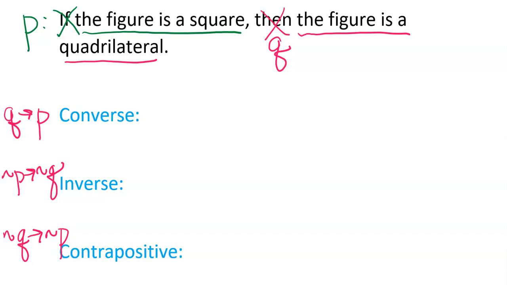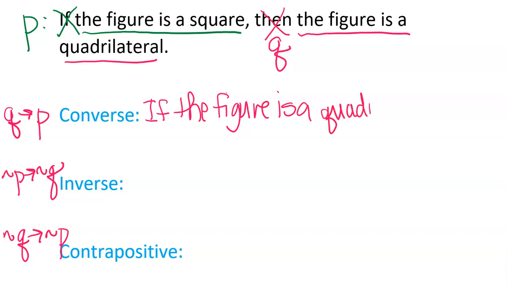So converse says we're going to do if Q, then P. So the reason I crossed out if and then is they're not attached to the statements that you're using. The order is changed. So you still start out with the if statement, but you're going to switch the order. So this one reads, if the figure is a quadrilateral, then it is a square.